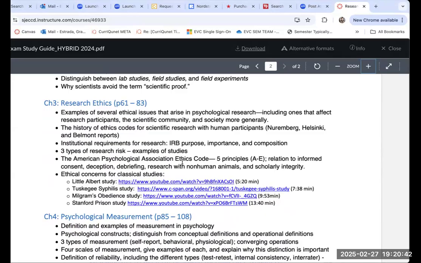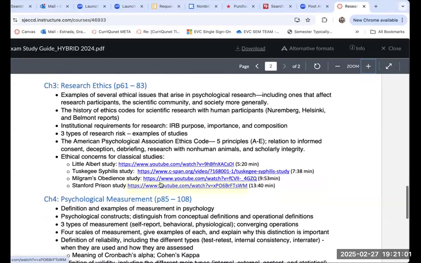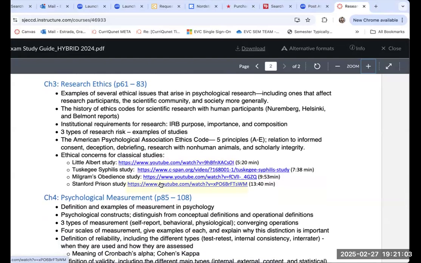A field study would be something more naturalistic in the environment. So again, that increases external validity, but decreases internal validity. So field experiment is kind of the best of both worlds where you have more of a balance between the two. And I already talked to you about why we don't use the word proof or disprove.